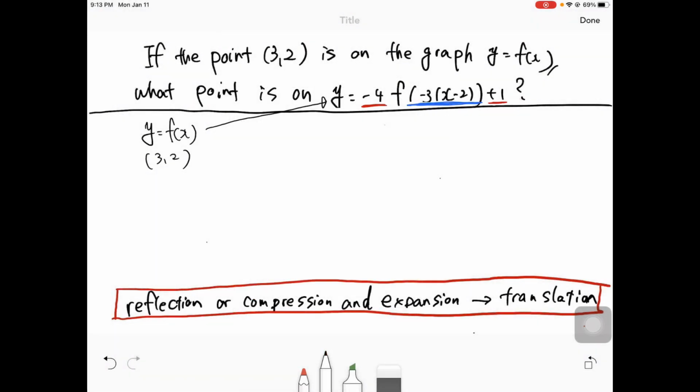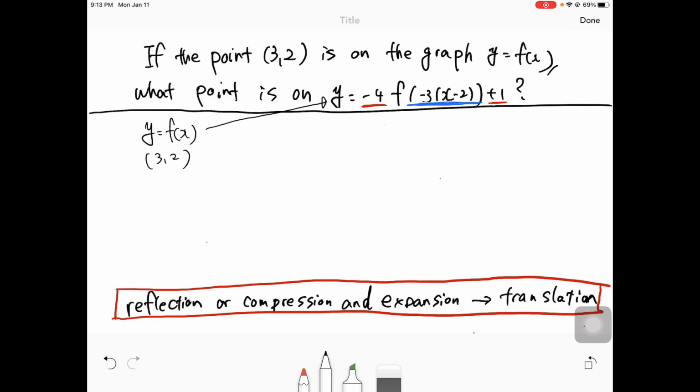But you have to make sure you start from reflection or compression and expansion. Then you do a translation later. You can't do it the other way around. If you do translation first, then reflection or compression and expansion later, you will get the wrong answer.